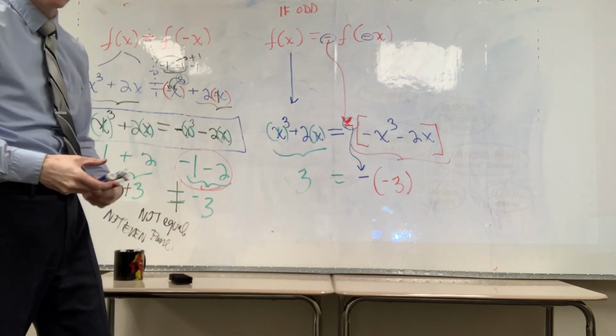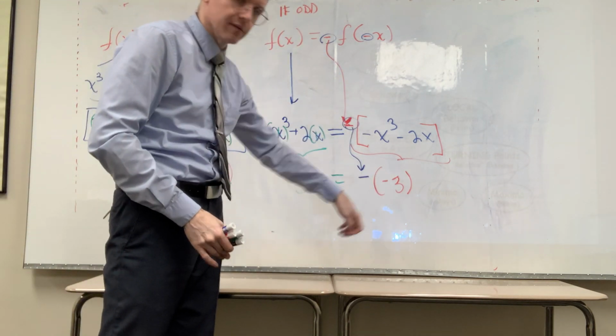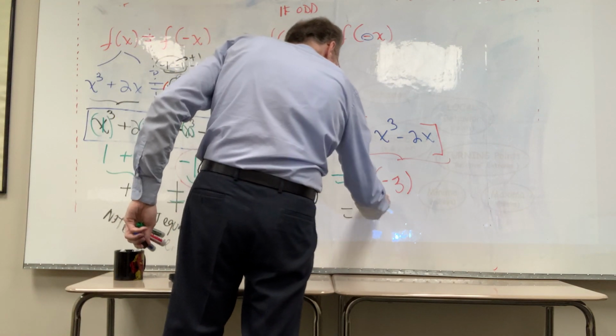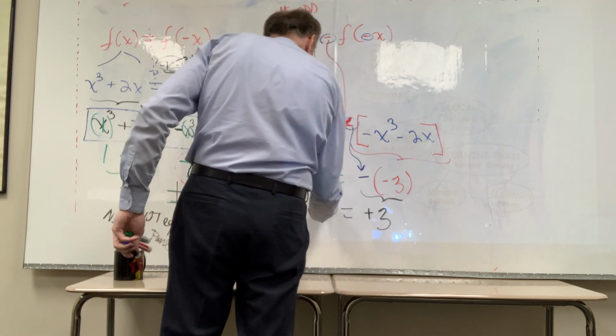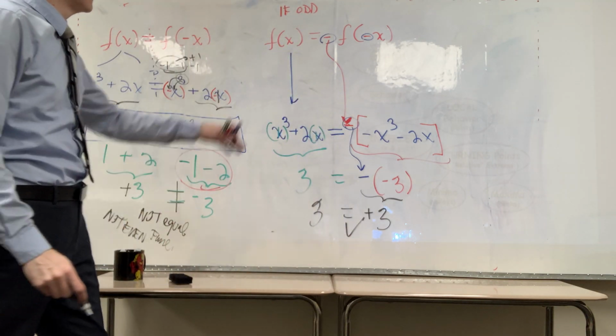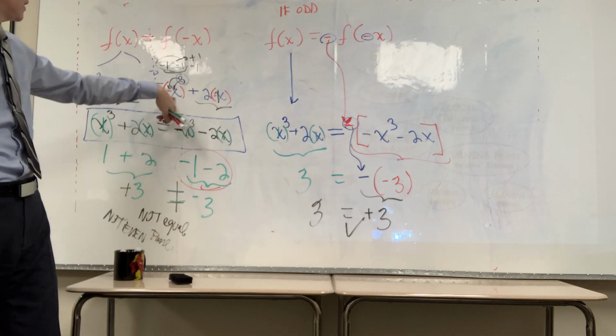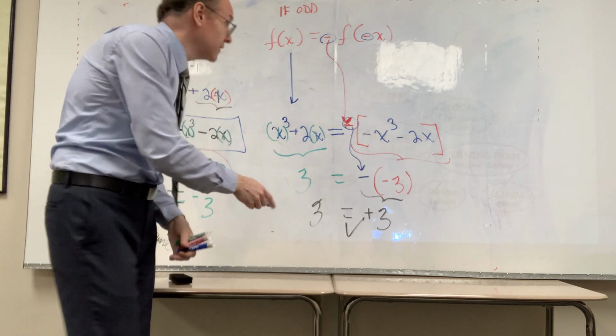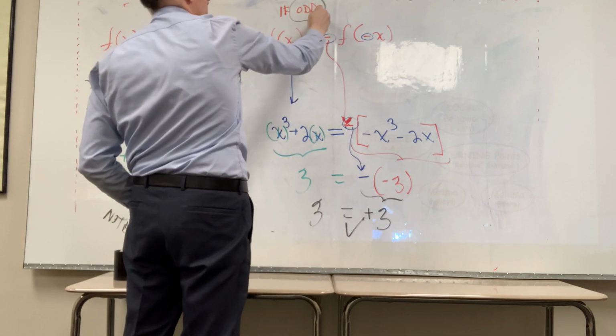It would ultimately be negative times negative, which means you'd end up with a +3 as you do here. In this case, it would in fact check out. This thing, x cubed plus 2x, the original function, is an odd function, apparently.